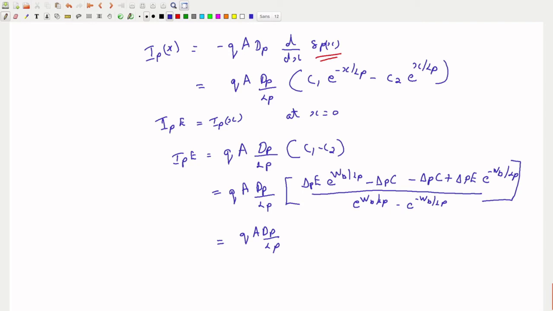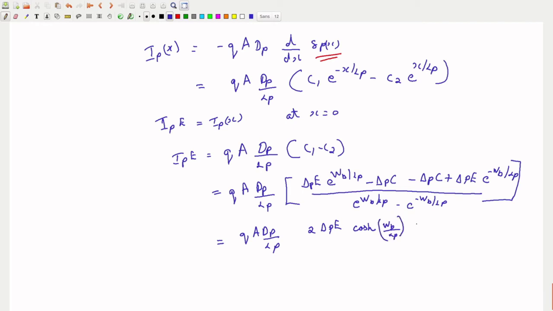So now we have 2 delta PE cosh of WB by LP.